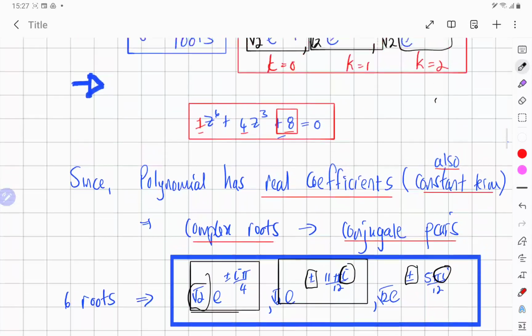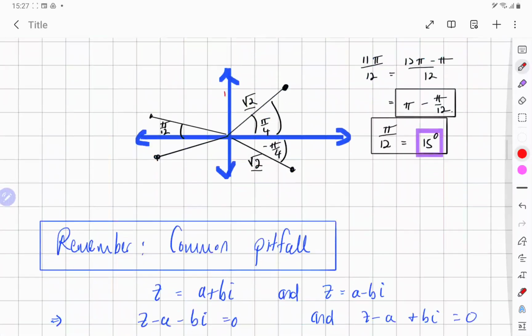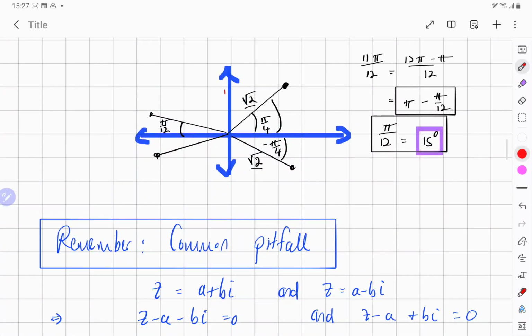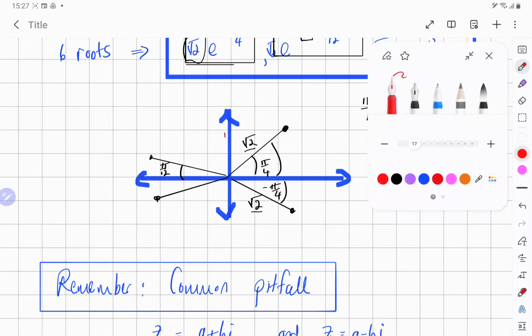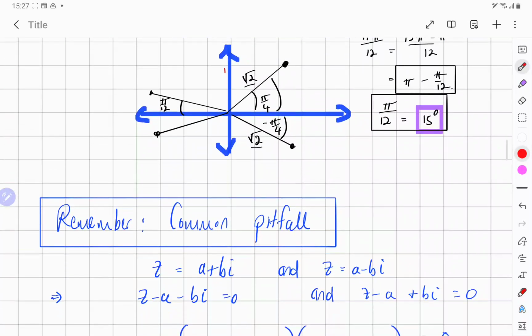We had the negative 5 pi i over 12, which is the red here. So 5 pi over 12, let me just do them here. If you want to see, between 5 pi over 12 and pi over 4, which one is smaller and which one is bigger, it's a trick from grade 9 where we get the denominator the same.